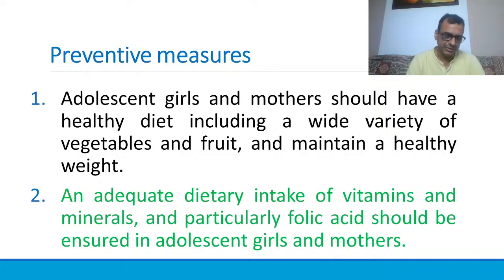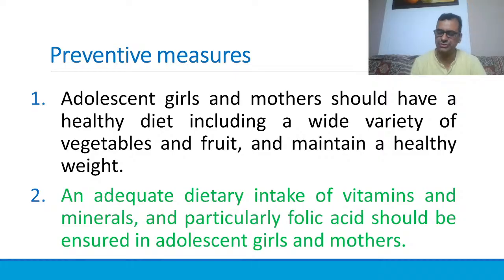Now, what can be done for prevention of birth defects? This is very important. If we are able to explain these points to the community, the chances of birth defects may be less. Firstly, adolescent girls and possible mothers should have healthy diets, including a wide variety of vegetables and fruits, and maintain a healthy weight.